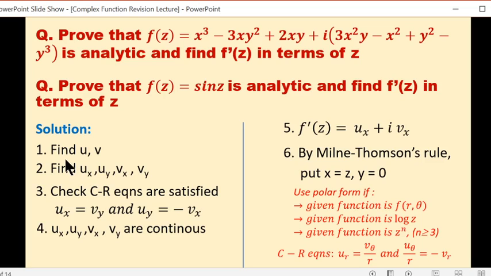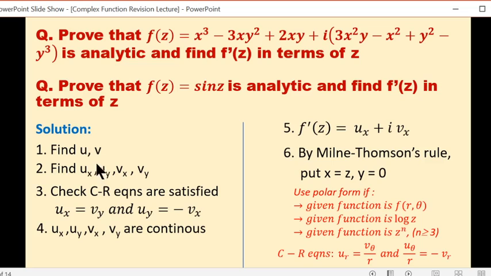Yeah, you put z equal to x plus iy and then you separate the real and imaginary part. Okay, separation of real and imaginary part करना है. So when you separate the real and imaginary part, you get u and v. So first step is you find u and v.